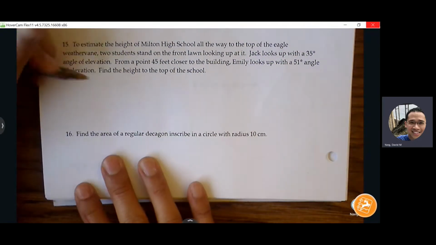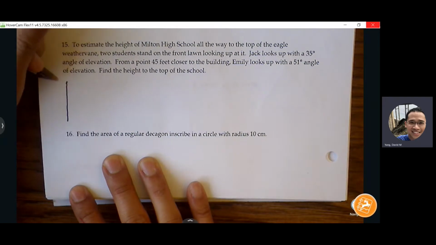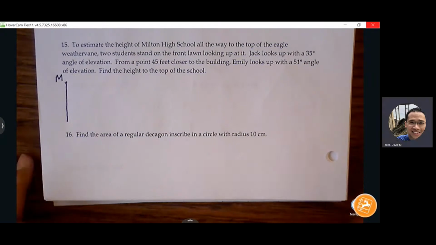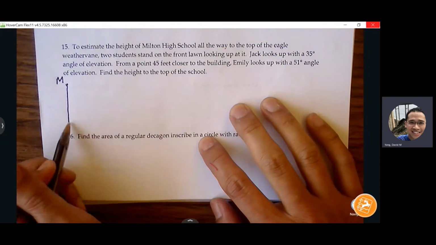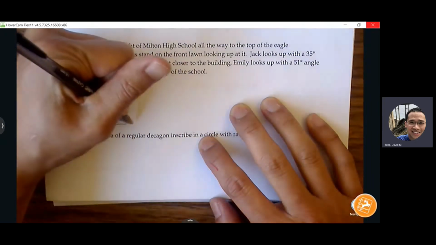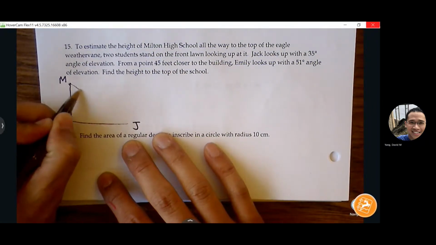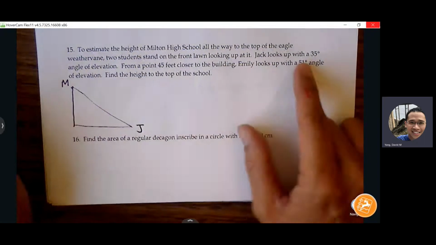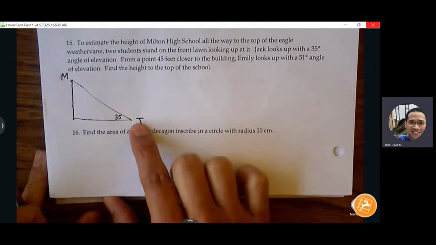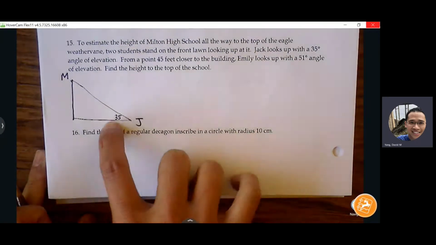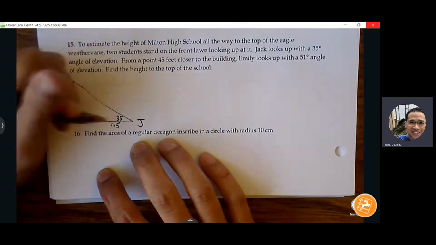Okay, so we know we're dealing with triangles here. So let's say the top of the building, I'm going to call this M. Okay, so Jack is the one that's further away, so go out here. His angle of elevation is 35 degrees. From where Jack is standing, we're going to move 45 feet closer to the building, where Emily stands.